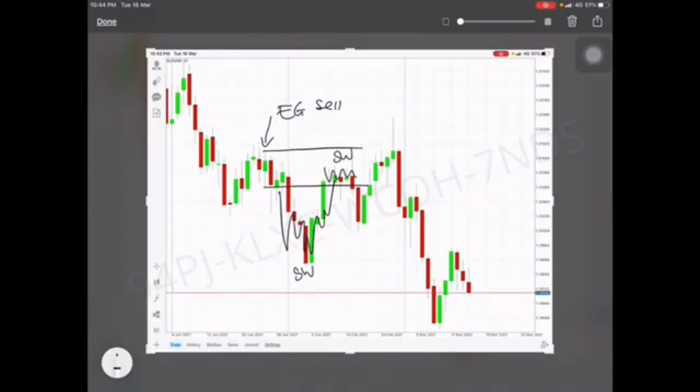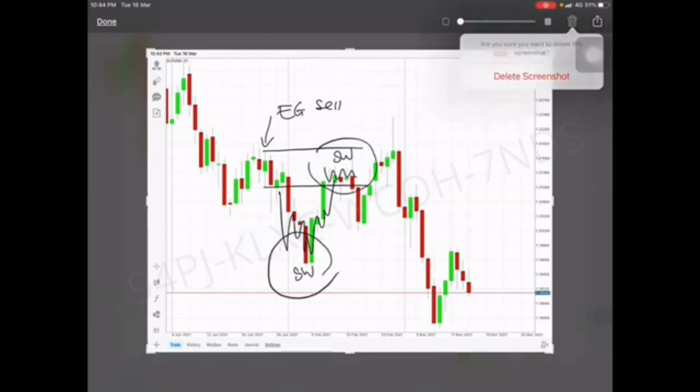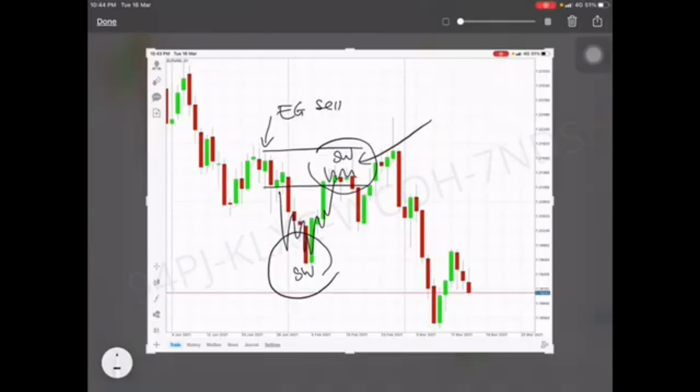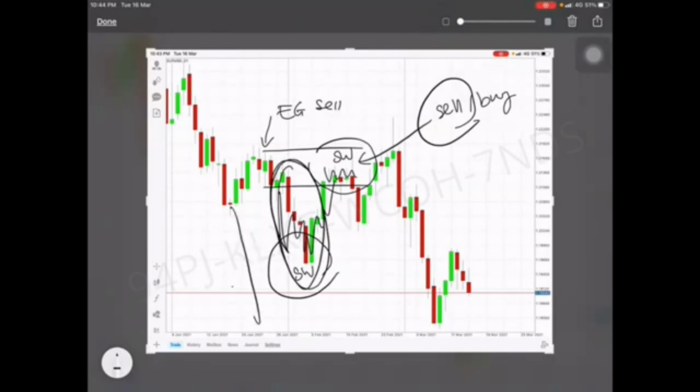Yes, because there is a sideways pullback and sideways in the zone. So what are you going to look for in that zone? Are you looking for sell or are you looking for buy? Sell, because the big movement went down. Okay, so that zone is for sell.